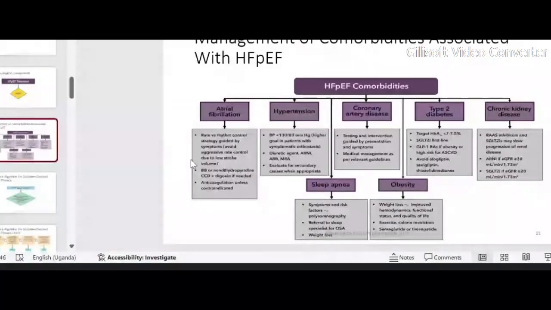We try to avoid them in eGFR less than 30 due to the risk of hyperkalemia, due to the risk of acute kidney injury or worsening of kidney function.